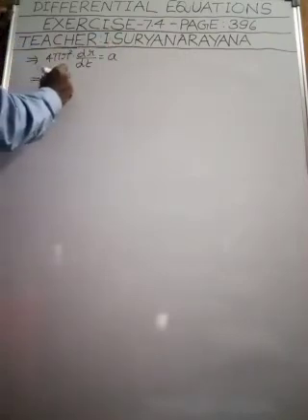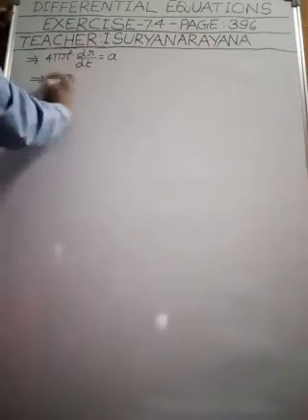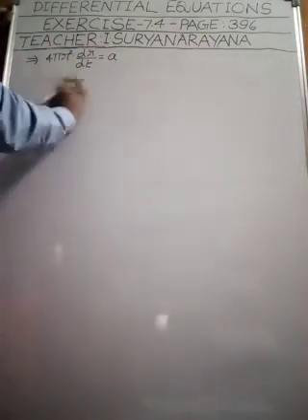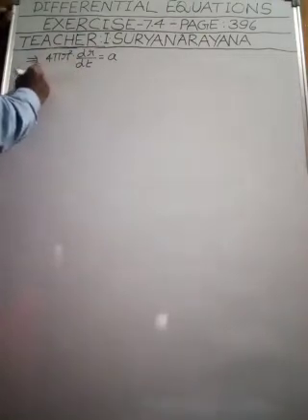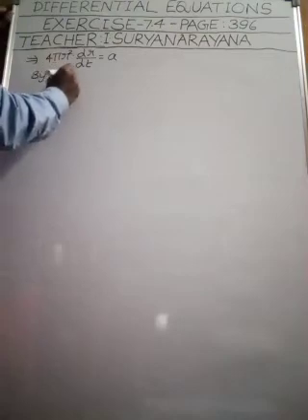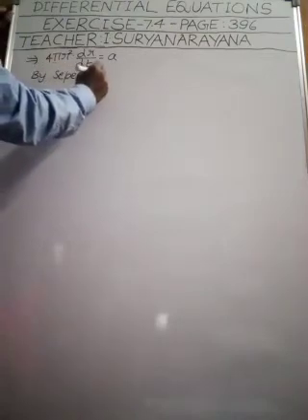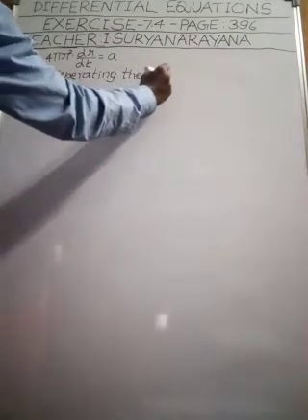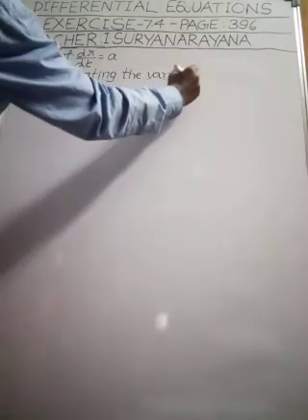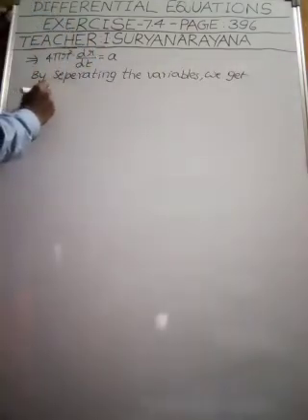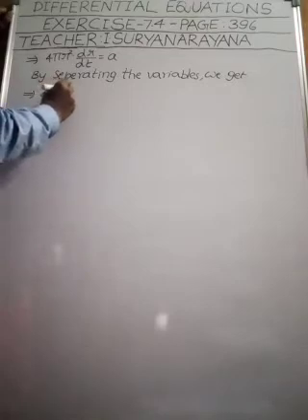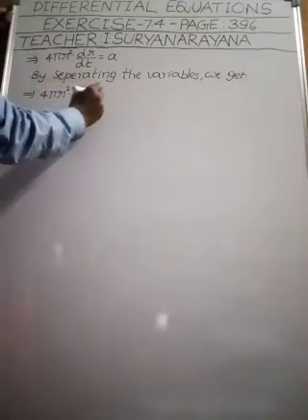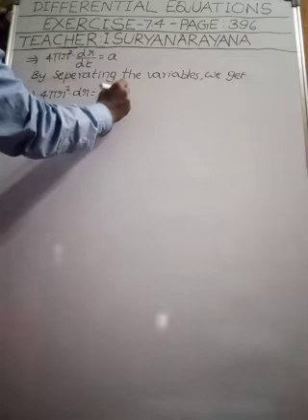By separating the variables, we get 4 pi r square into dr is equal to A into dt.